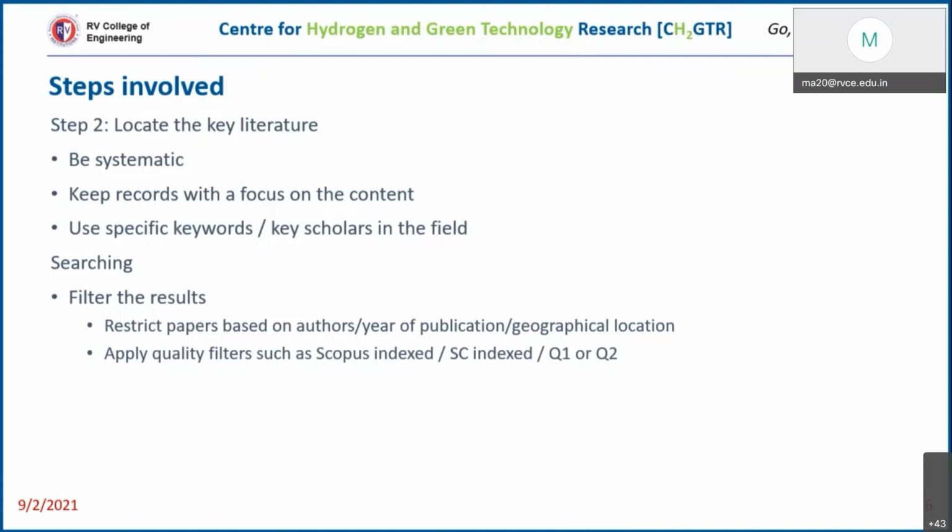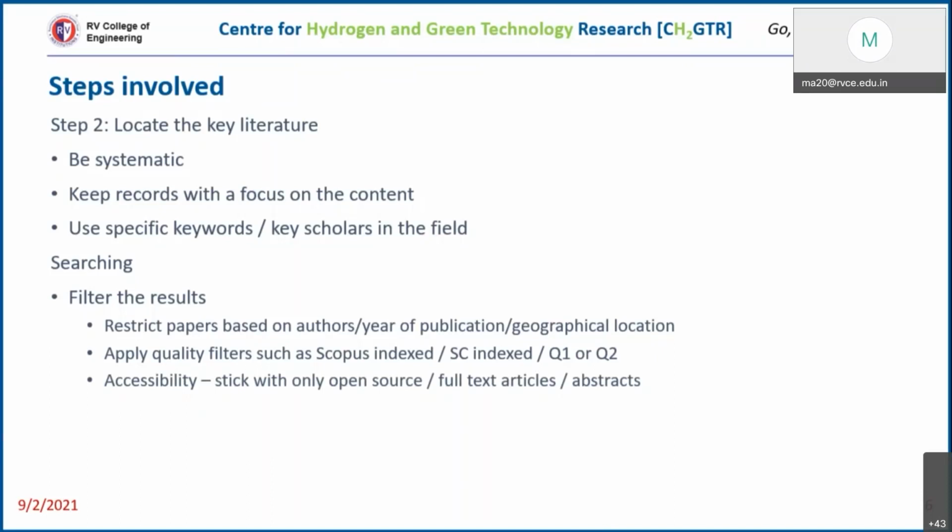So the quality of information, the standard of information, is usually very high in case of publications of Q1 and Q2. So if you apply a filter that, okay, I will refer to only papers that are published in Q1 and Q2 journals, then instead of 100 papers, you may just get 5 or 10. So that makes your job easier. And also you'll get quality information.